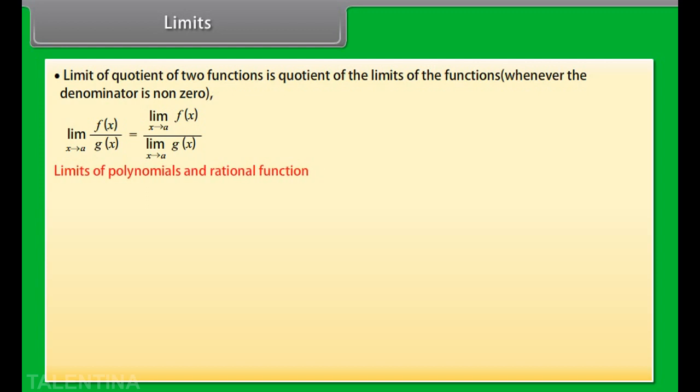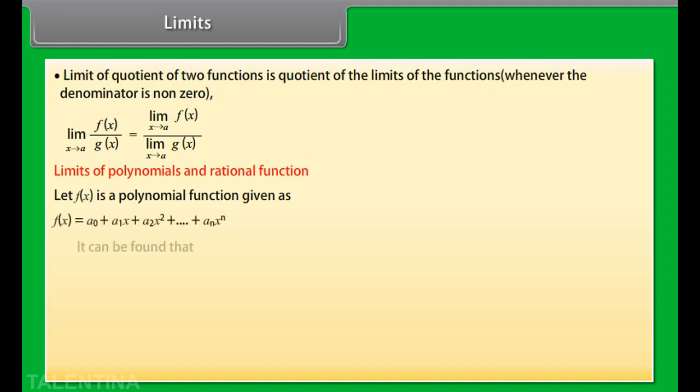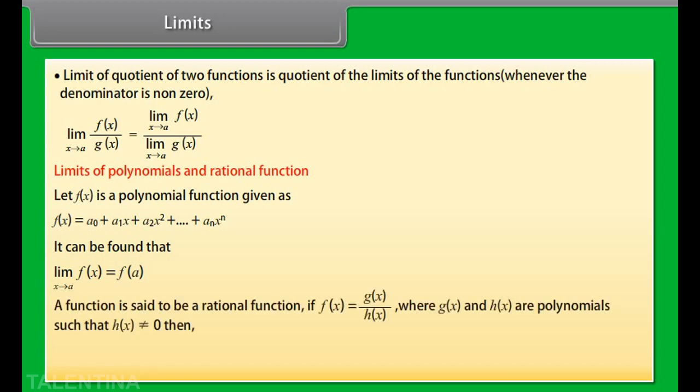Limits of polynomials and rational function. Let f(x) be a polynomial function. It can be found that limit x tends to a of f(x) is equal to f(a). The function is said to be a rational function if f(x) is equal to g(x) upon h(x), where g(x) and h(x) are polynomials such that h(x) not equals to 0.